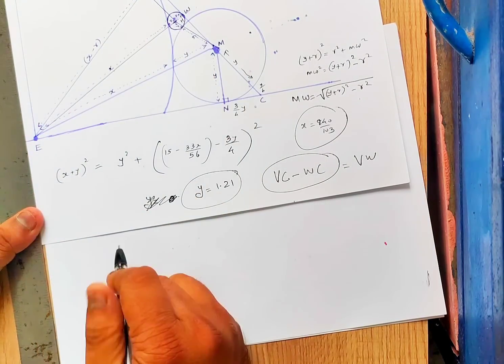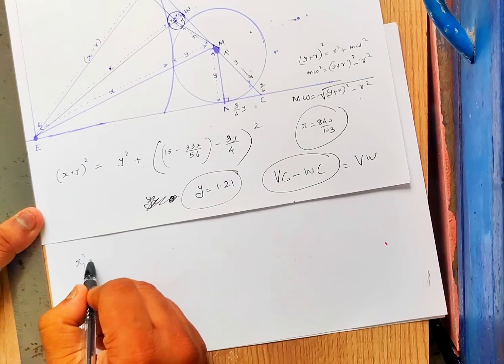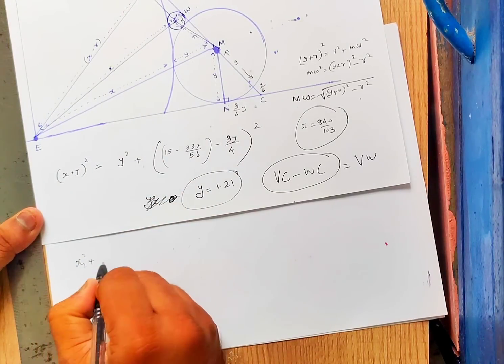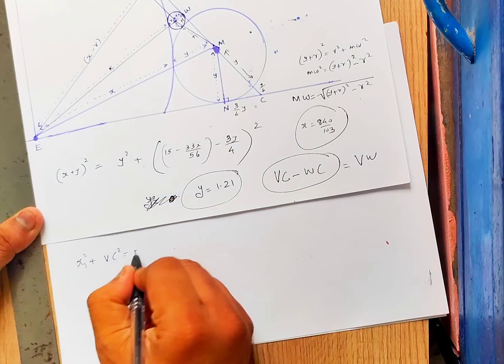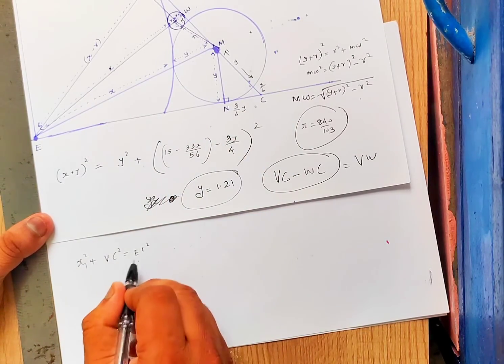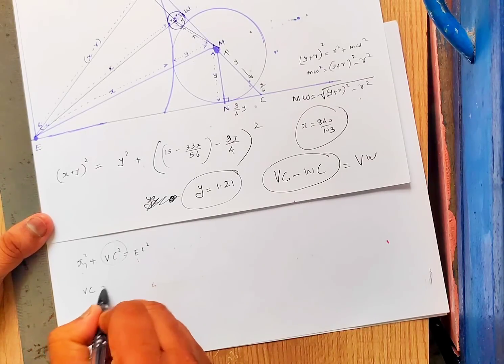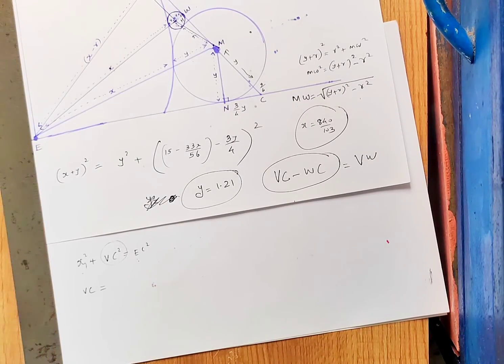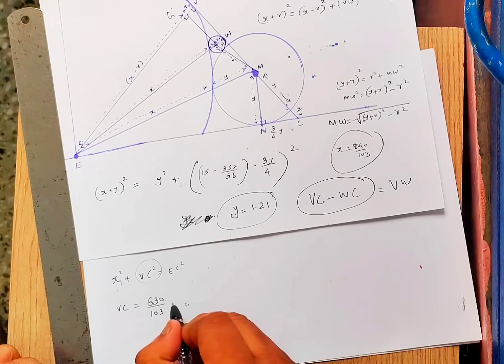We know EV, which is nothing but x, and this square plus VC square is equal to EC square. And EC was expressed in terms of x, so we know the value of x, and we can find out the value of VC square over here. So the value of VC that I have already calculated is somewhere around 630 by 103.